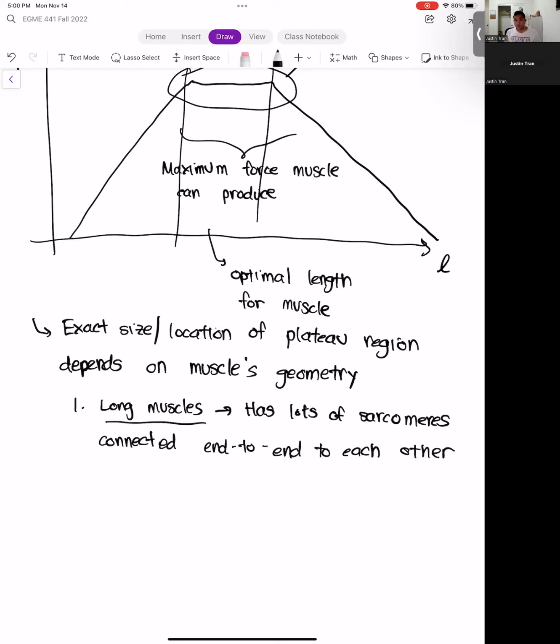Each of those sarcomeres can compress and elongate by a fixed amount. What this means is that the more of these you have together, the overall length of the muscle is going to increase. But this also means that the optimal length, or the width of the plateau region, is also going to increase.